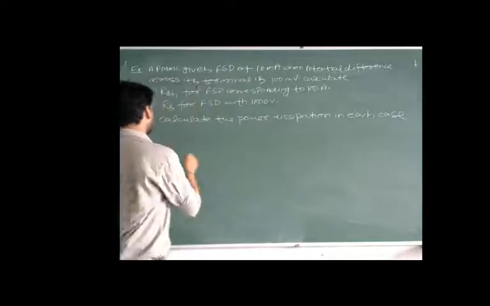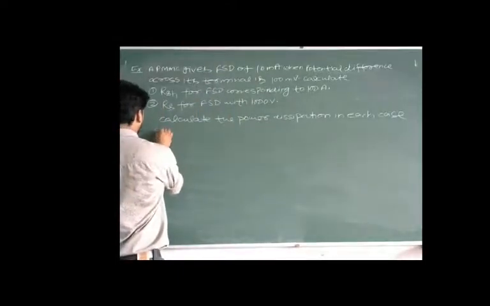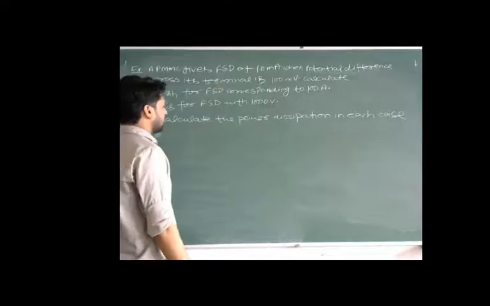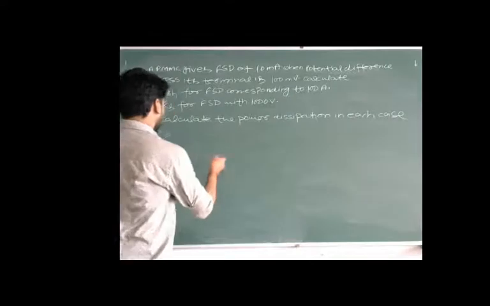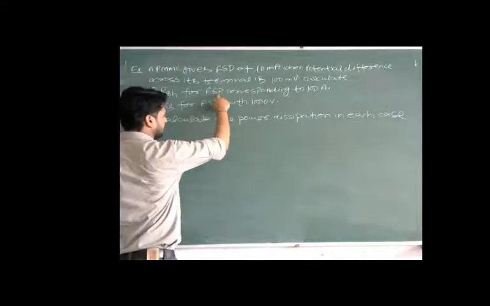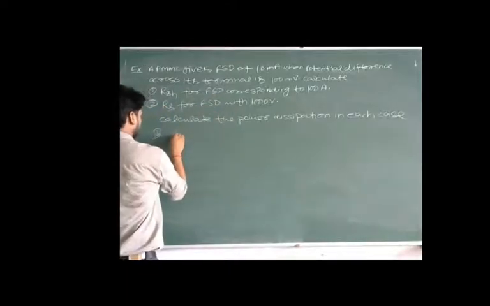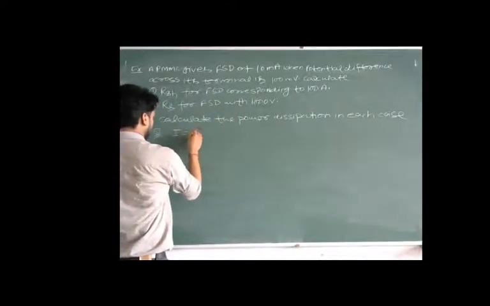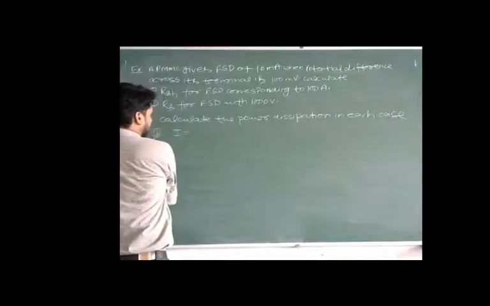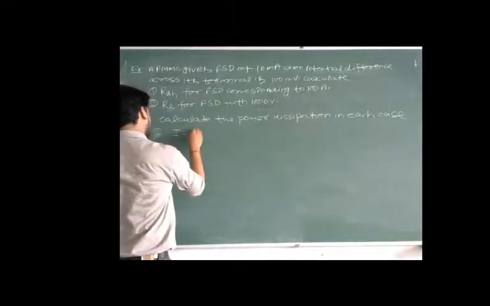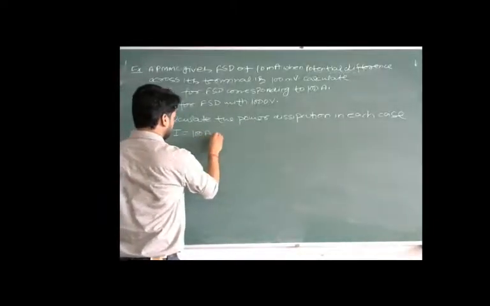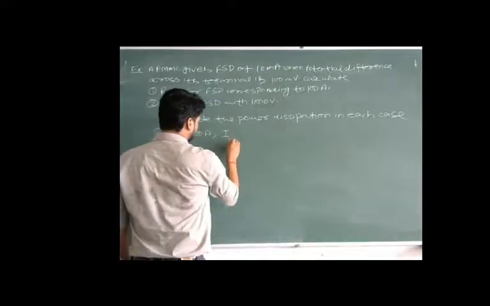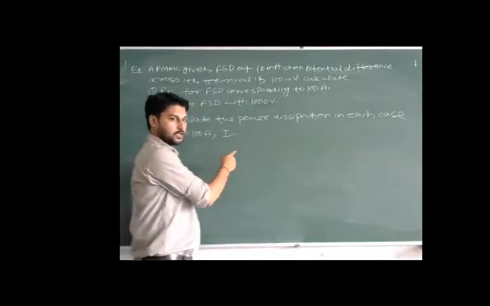So for the first case we have to calculate RSH for the full scale deflection. Full scale deflection of the PMMC ammeter means the maximum current that can be measured by the PMMC ammeter is given as 100 ampere, whereas the maximum current that the instrument can carry through the windings is given as 10 milliampere.